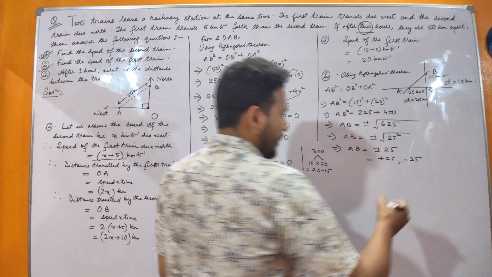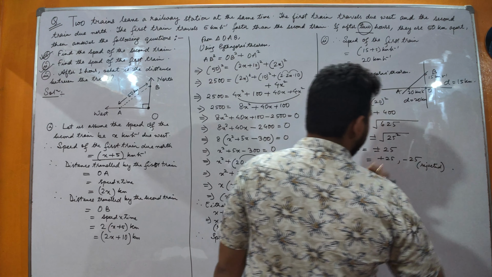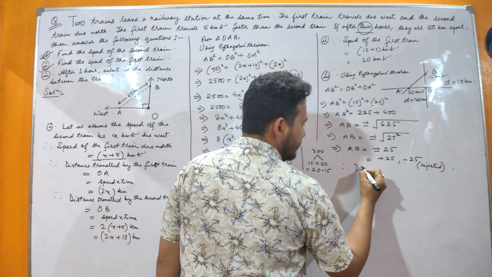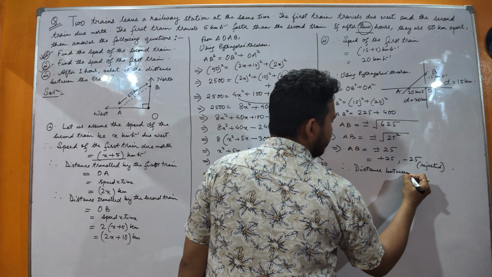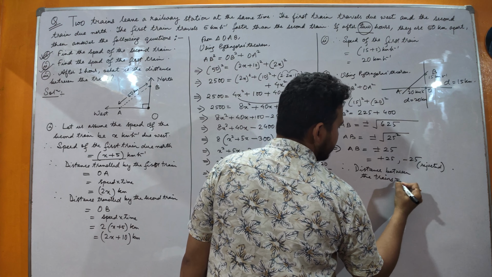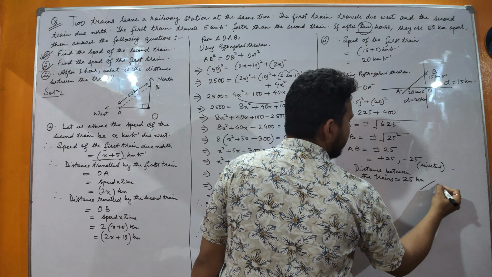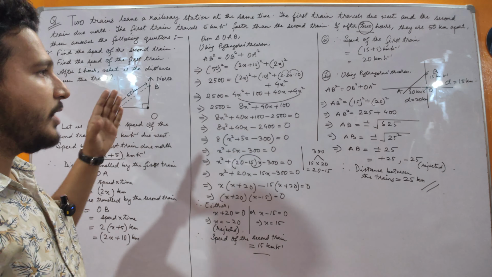That is also rejected. Therefore, distance between the trains is 25 kilometer.